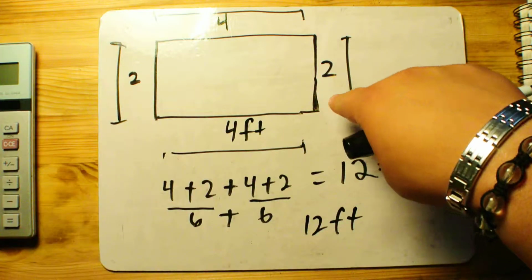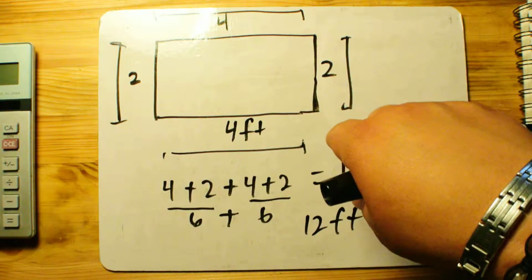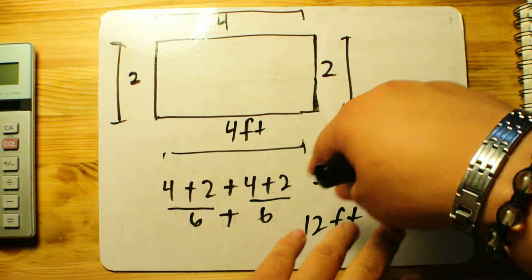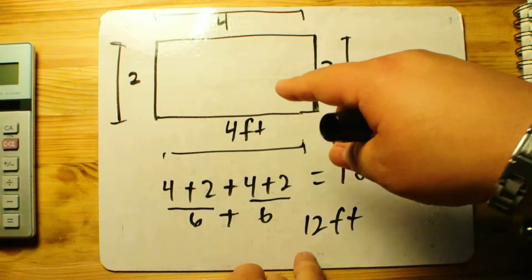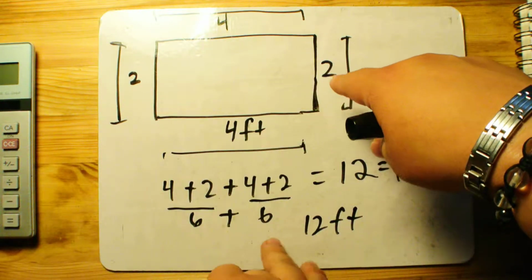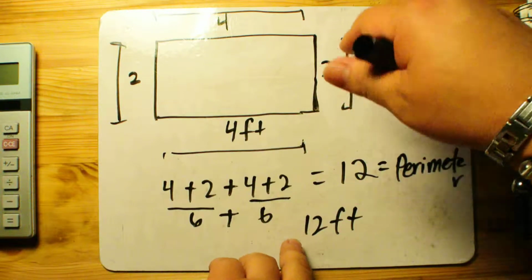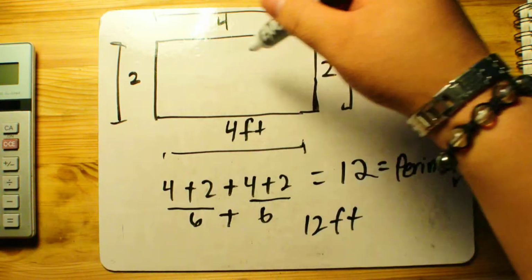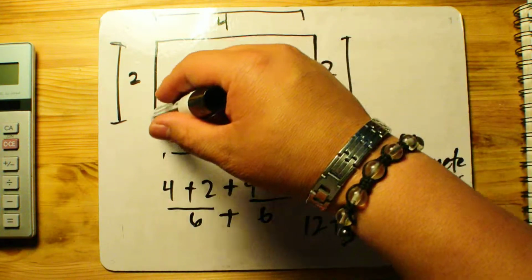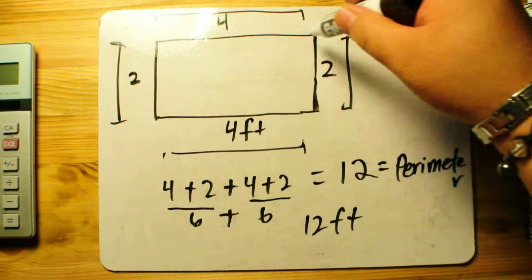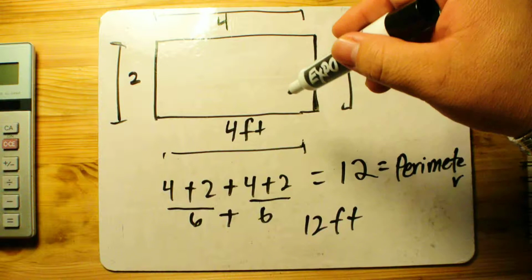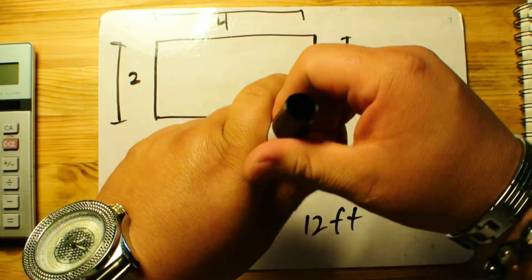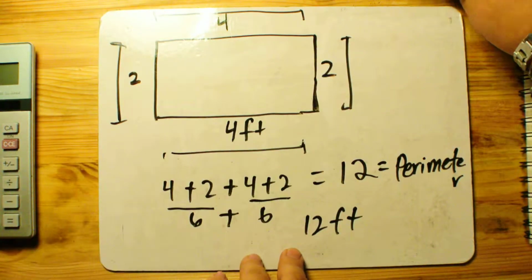And it's not squared. Some people might get confused by putting 12 squared feet, but it's not squared because we're not measuring an actual area. We're just measuring the length of how long this walk around the shape is. And that's pretty much it.